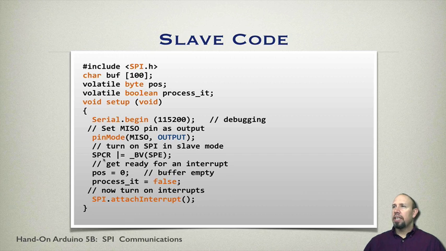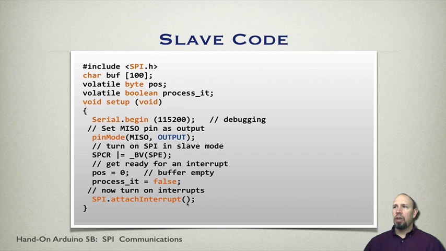This basically leaves that SPI control register alone except for the bit at SPE, SPI enable. By setting it, I'm putting it into slave mode. And then we're getting ready for an interrupt. So we're starting in our buffer at position 0, and we don't want to be processing the data yet, so this is false. And then we turn on the interrupts.